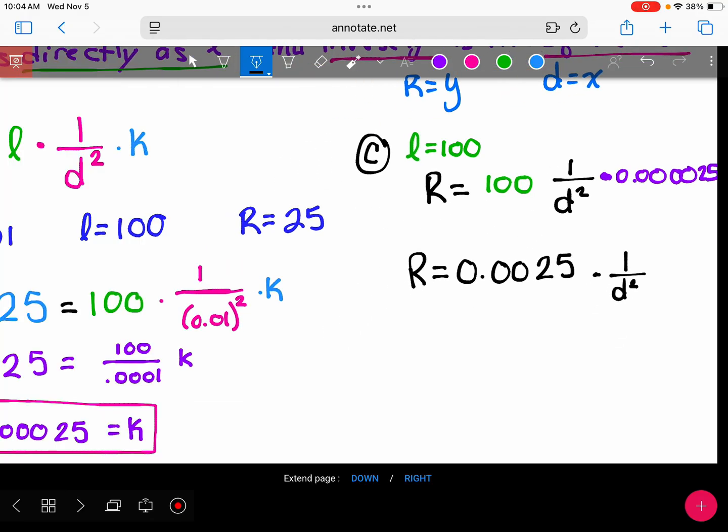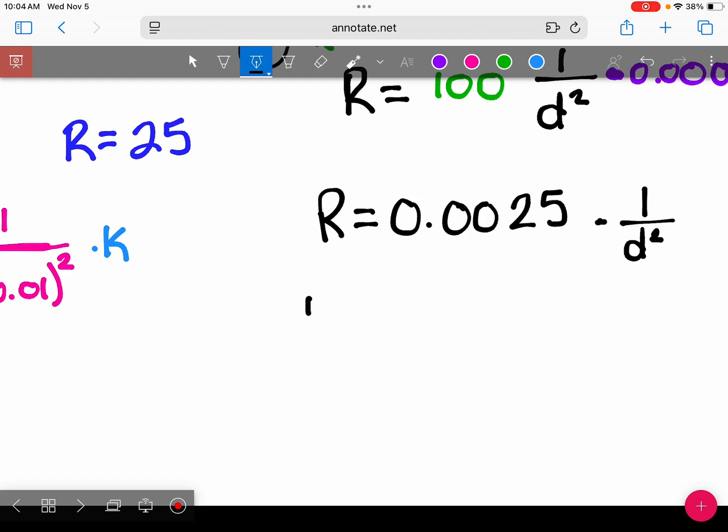And that makes this a rational function, one of those things we were looking at when we were graphing in 4.5: 0.0025 over x squared, because we're having R be our y's and D be our x.